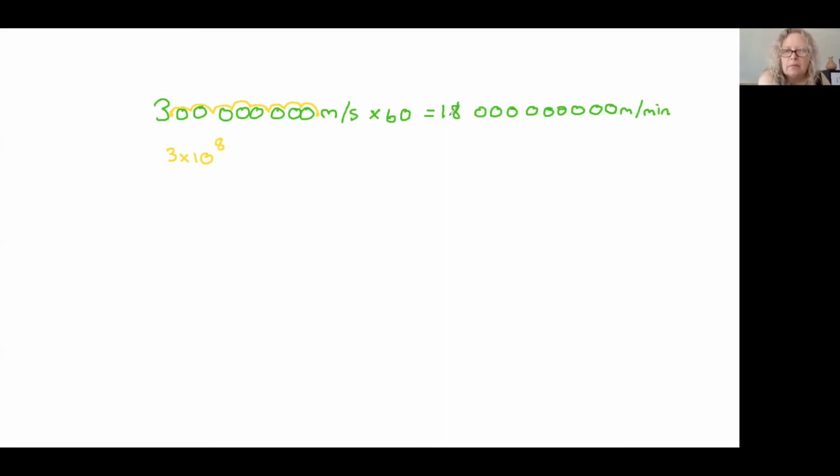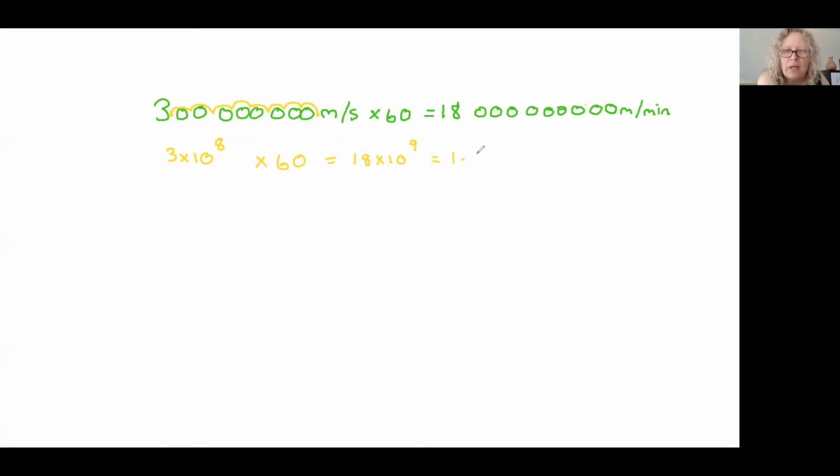This number here, 3 times 60, is, let's see, count those decimal places. 1, 2, 3, 4, 5, 6, 7, 8, 9. We could write that as 18 times 10 to the power of 9. But when we're writing in scientific notation, we only have one number in front of the decimal point. So we're going to move that decimal point back one more place.